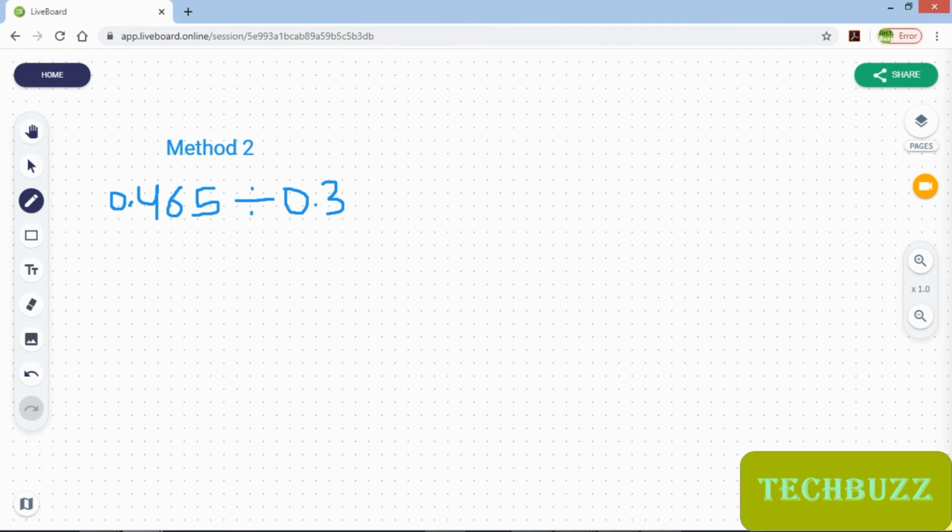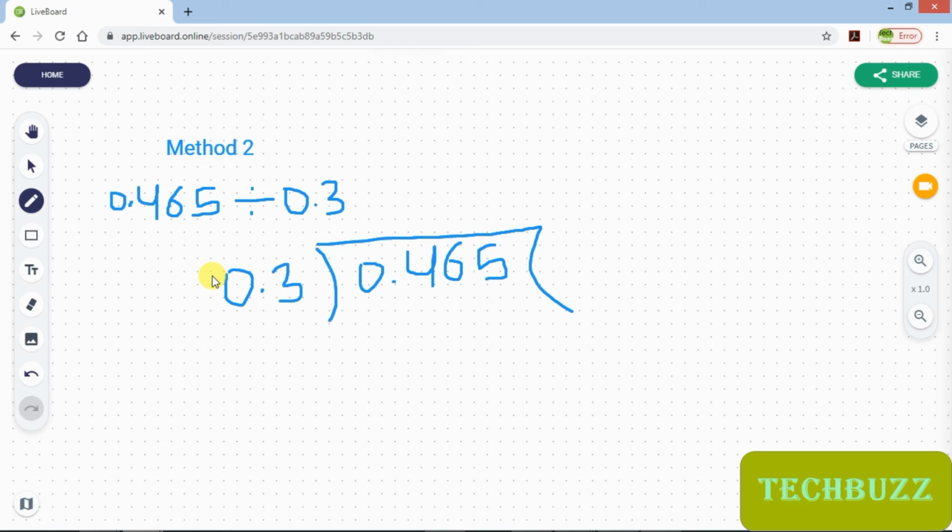Now in method 2, we will learn how to solve these numbers. Look carefully. Now we have to remove the decimal of the divisor only. If we remove the decimal of the divisor only, what will be the impact on the dividend?